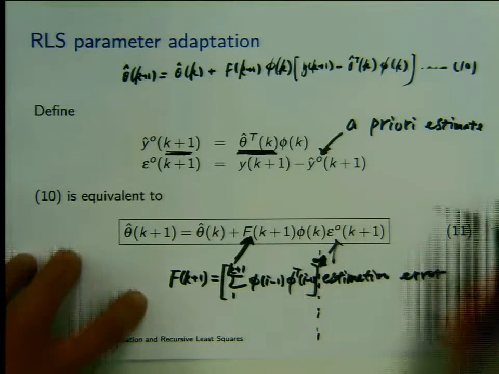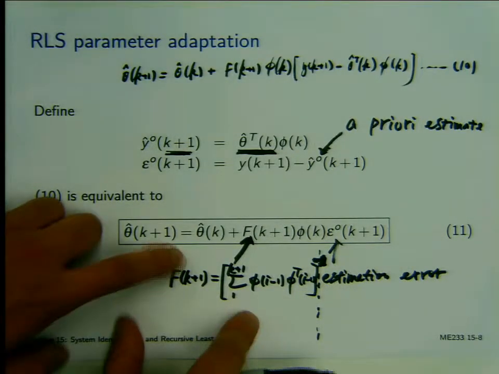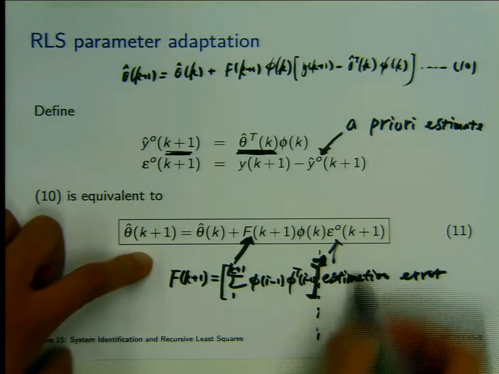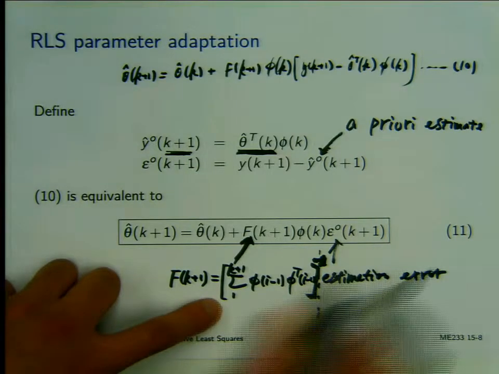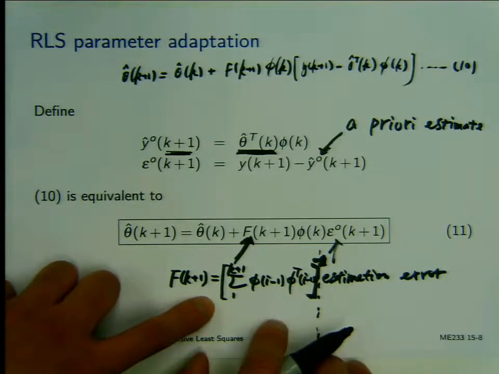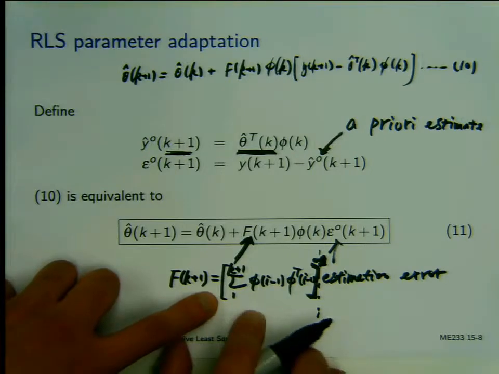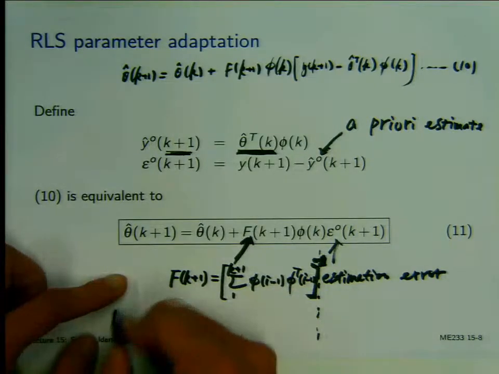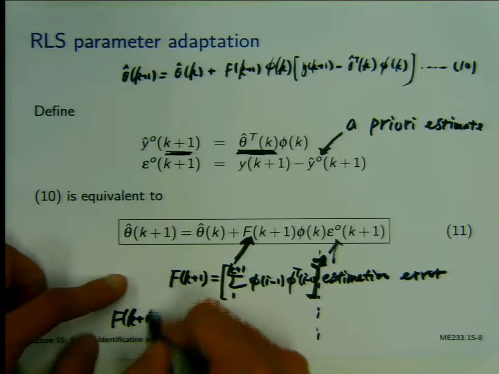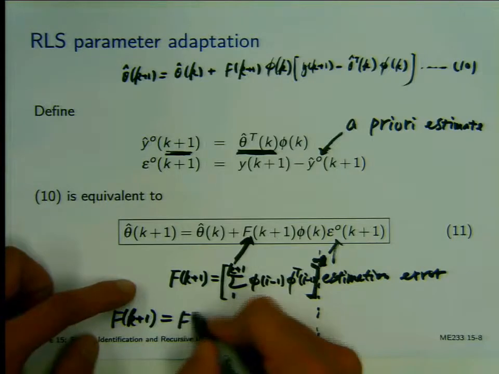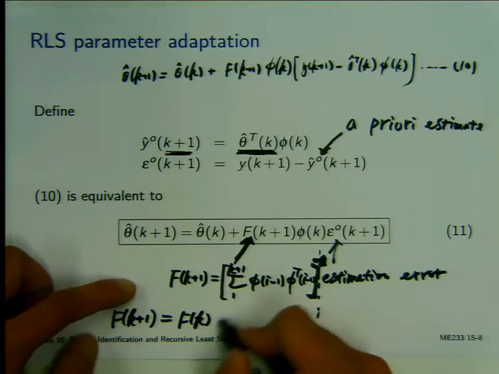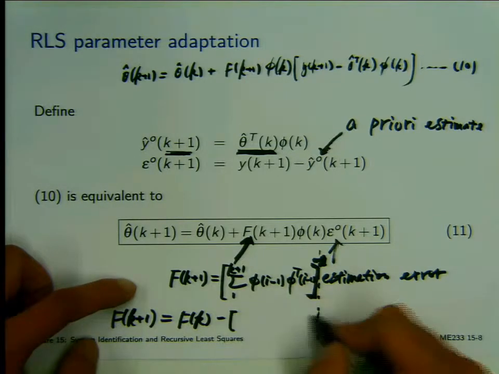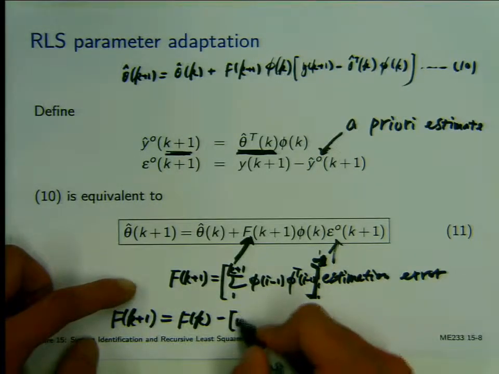Okay. So when I say it's going to avoid the matrix inversion, you might be confused why I can say that, because there's a matrix inversion here. Okay? So I'm going to show you that this F_{k+1} matrix also looks like F_k minus some update term.